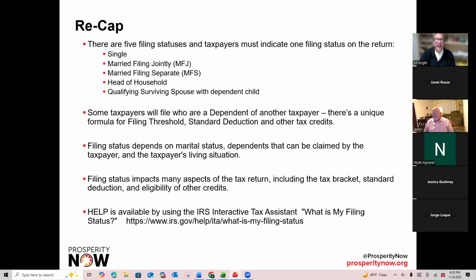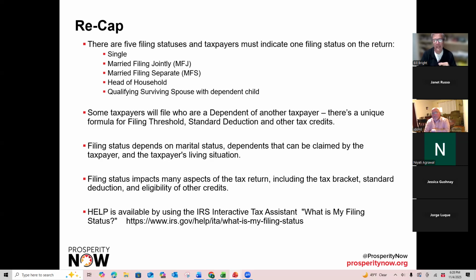Again, there's a unique formal filing threshold, and you have to consider whether they're a dependent of another taxpayer. The one thing that we want to be careful of, that second one there: generally the taxpayers who are dependents of another taxpayer are usually students. An 18, 19, 20-year-old comes in and has $5,000 or $4,000 from a summer job, and they say something like, my parents aren't claiming me, or I'm not being claimed.